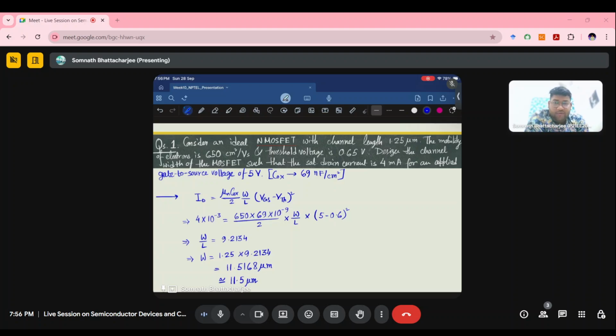So this is the value of W. W was 11.5 microns, whereas the channel length was 1.25 micron. So let's move on to the next one.